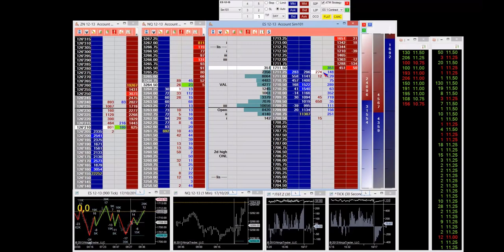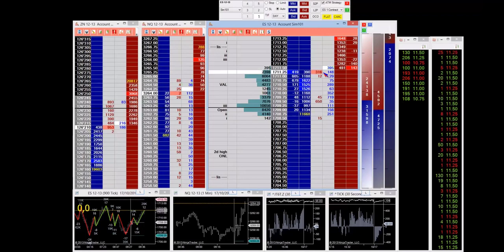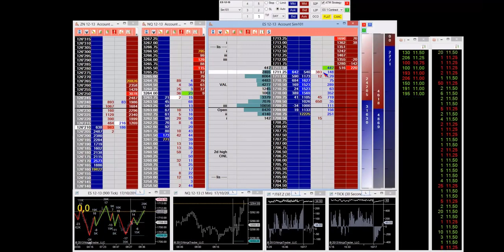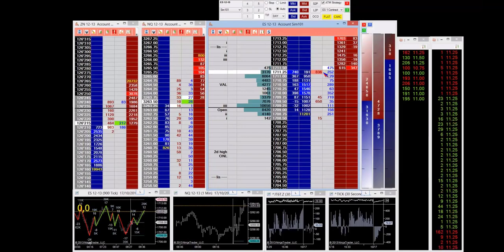The red numbers are the market sell orders at each price level, and the blue numbers are the market buy orders at each level. This is just one of a number of ways that we can look at the flow of orders.